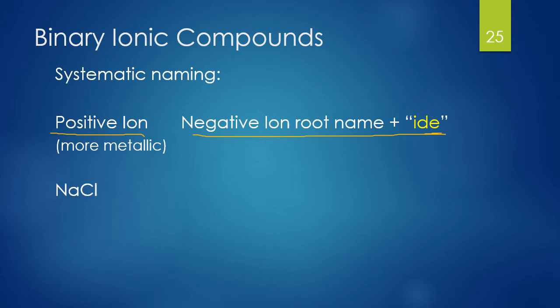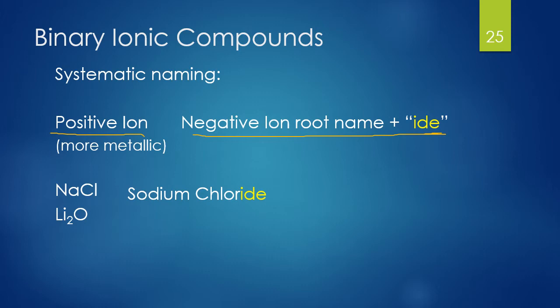So let's start out with NaCl. The metal portion is sodium. So you would just find that on the periodic table and write the name exactly how it appears on the table. For the second portion, it's chlorine. And since it's the negative ion and the second one present, we're going to add an IDE ending to that to become chloride. Next, we have Li2O.